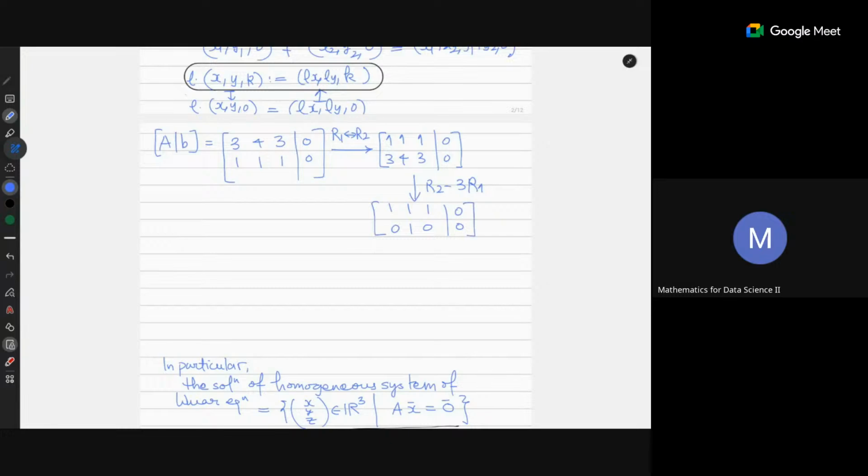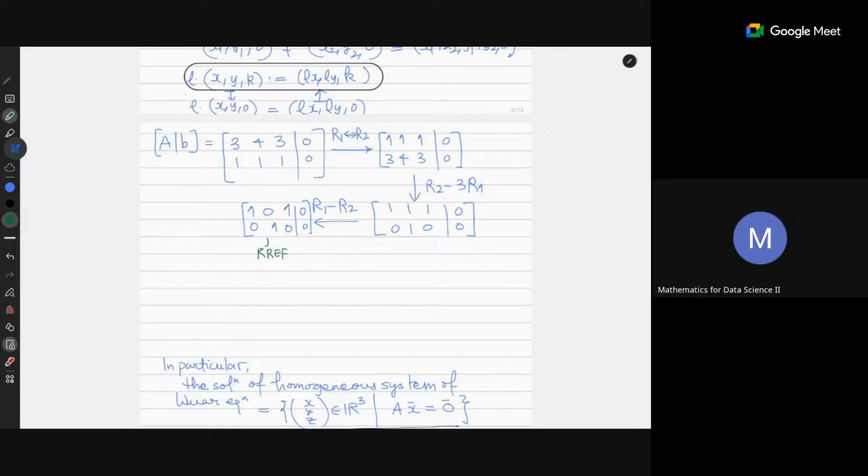Now I will perform R1 minus R2, because I want to obtain an RREF. So this is 1, 0, 1, 0 and 0, 1, 0, 0. So we have obtained an RREF.